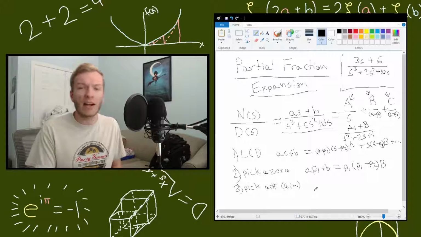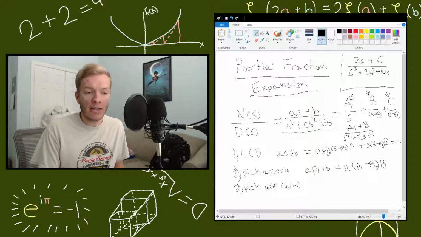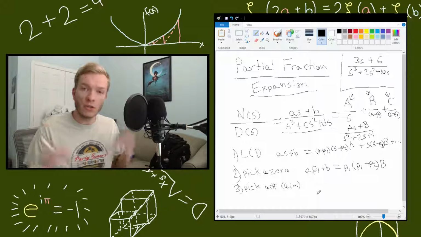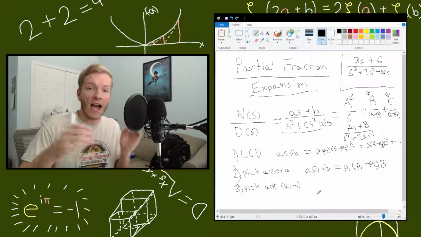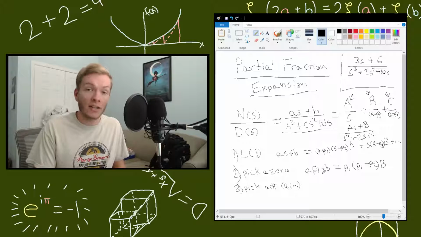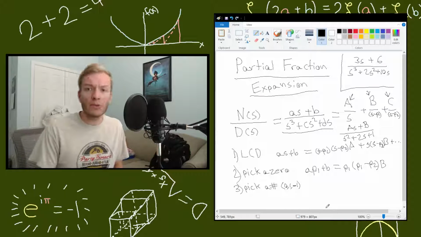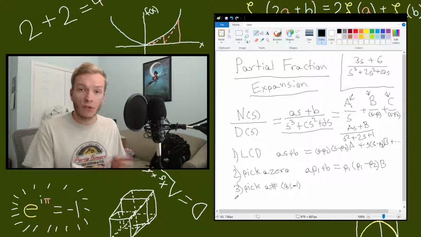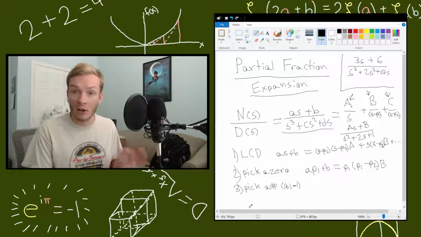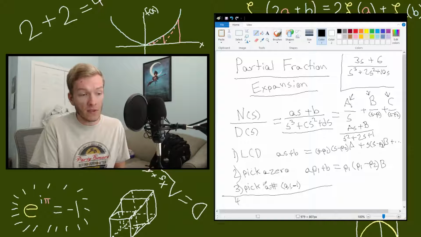So this might not cancel anything out, but perhaps by this time we've already gained enough information about the other constants that we can just use those constants and plug them into our equation that we get when we plug in 0, 1, -1, or any number really. I might show you that during the example.